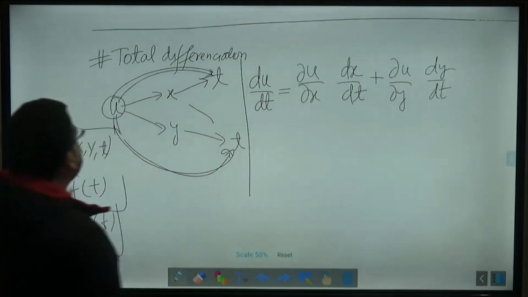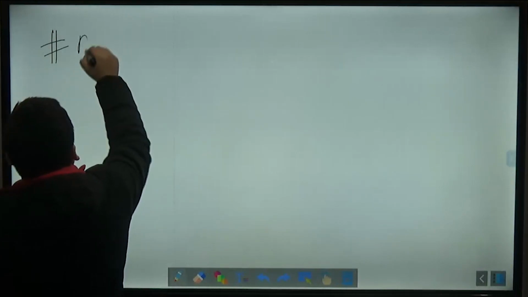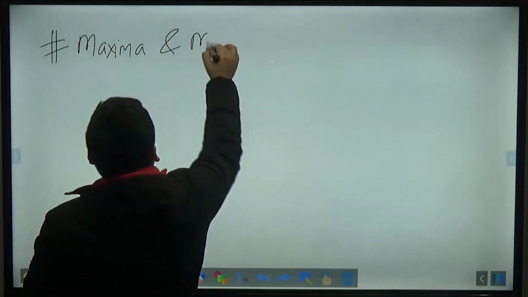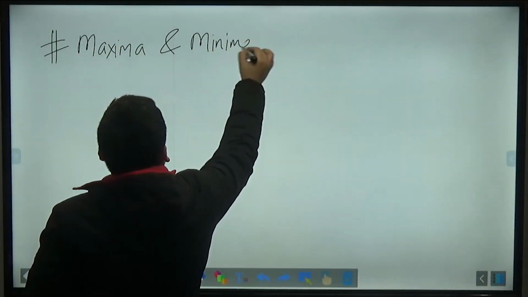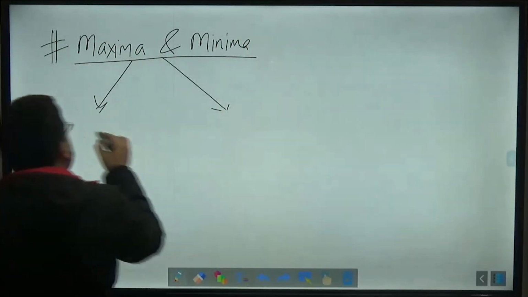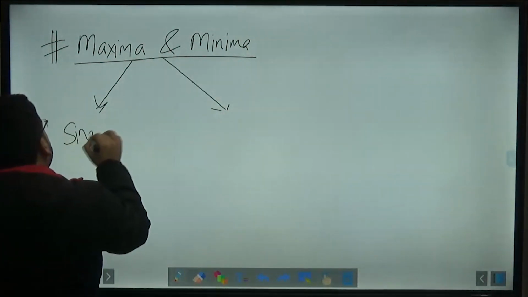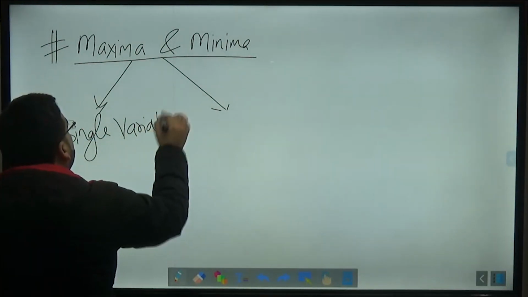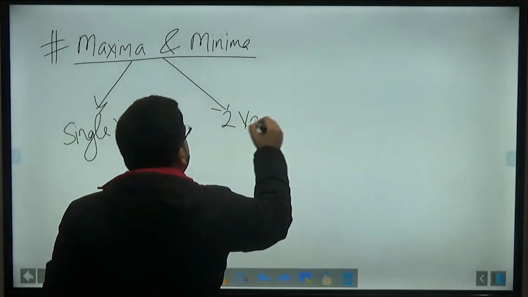Now after this we move to the concept of maxima and minima. Two things we discussed. First is for a single variable and for two variables.